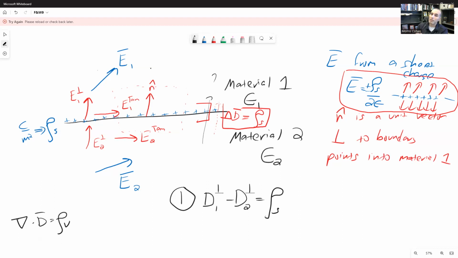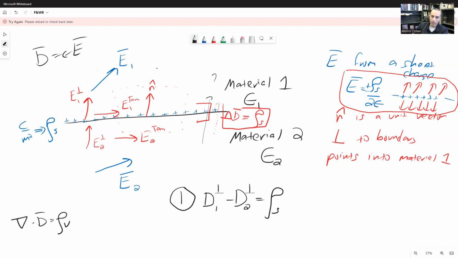And if there's charge built up at the boundary, then the component of the D field that is through the boundary is going to have a step change right at that boundary. Right? We can state this with electric fields simply by applying the fact that D equals epsilon E.